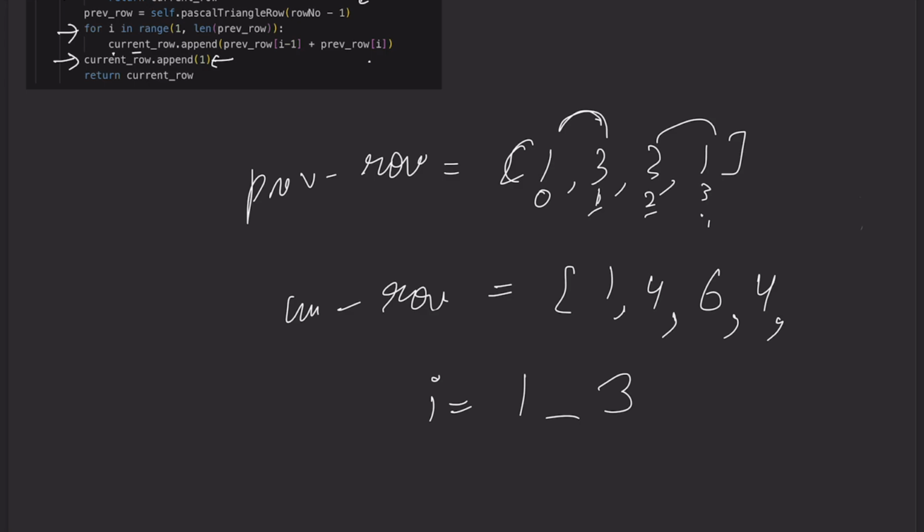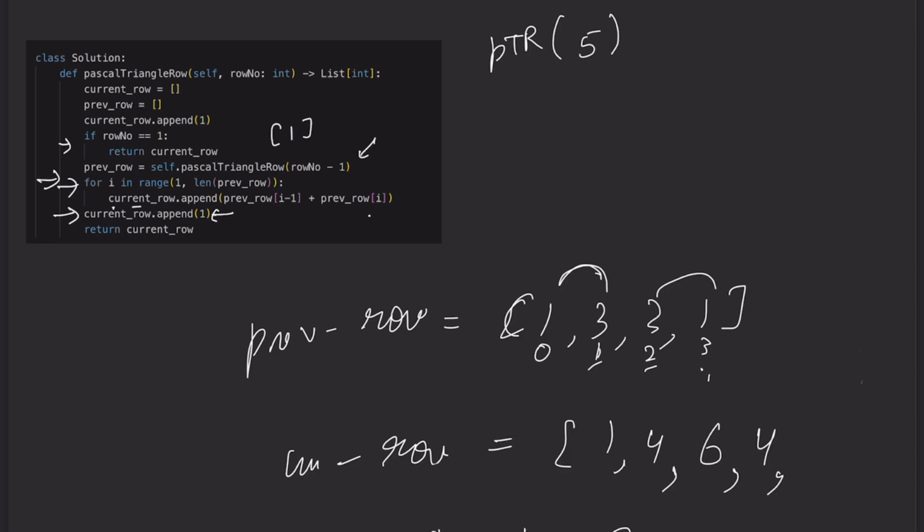Right. Now I equal to 3 was the last that we wanted to run. Now this for loop exits and then to current row we append 1. So this is the row number 5 that we have. So PTR5 returns 14641, which is the desired answer.